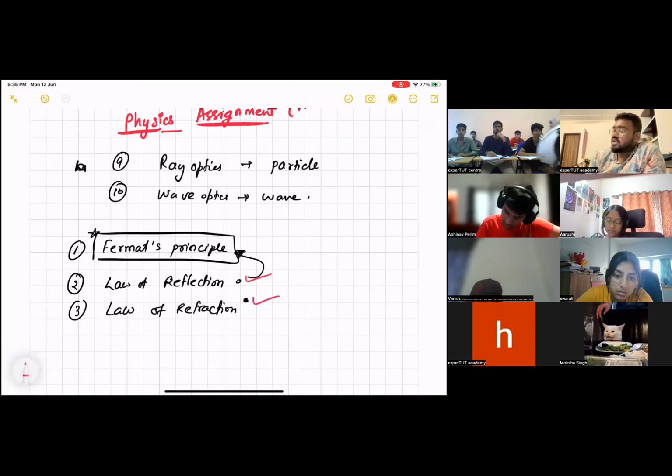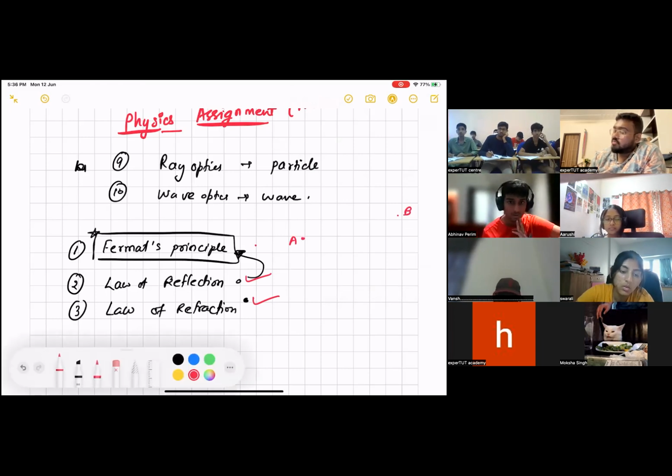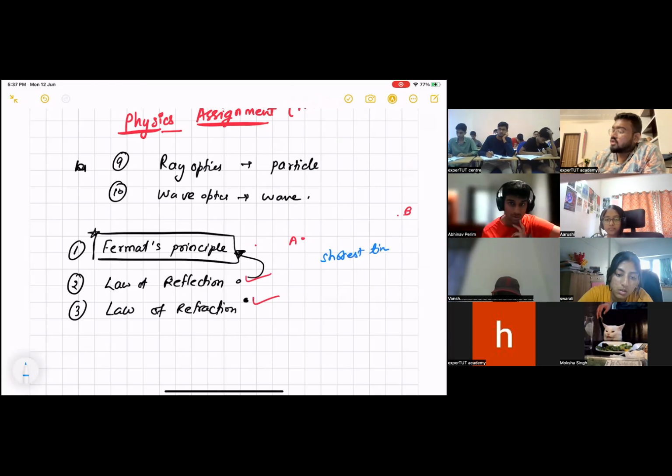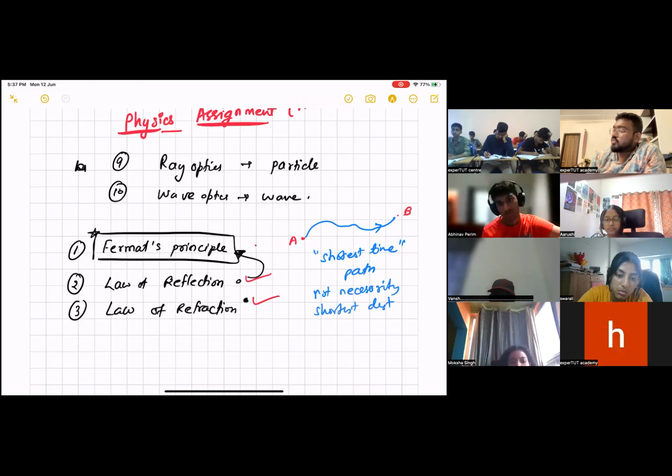Fermat's principle is very simple: if light has to go from point A to point B, it will always take the shortest time path. And you have to write that it is not necessarily the shortest distance path.